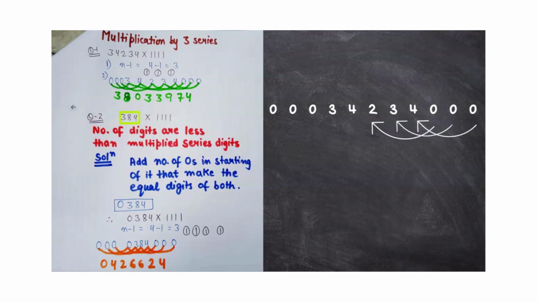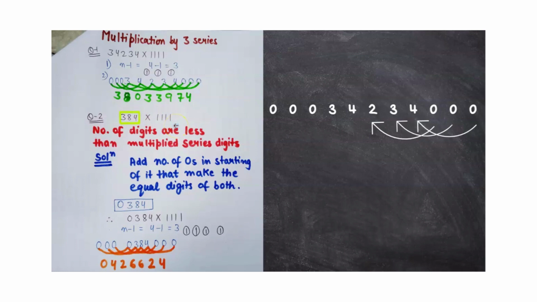All the questions that we have just done, in those questions we have a number from which we are multiplying 11, 111, 1011, like these things. We are doing like this. Means there is a number having the number of digits greater than or equal to the number of ones.